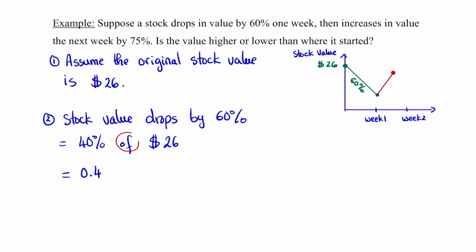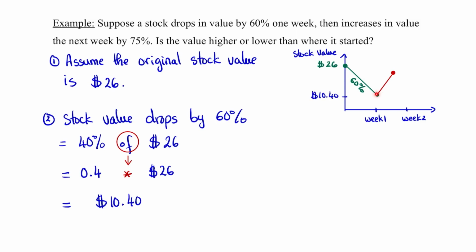And this word "of" is translated to a multiplication. So I take 0.4 times 26, which is $10.40. So the value of my stock after the first week is $10.40.